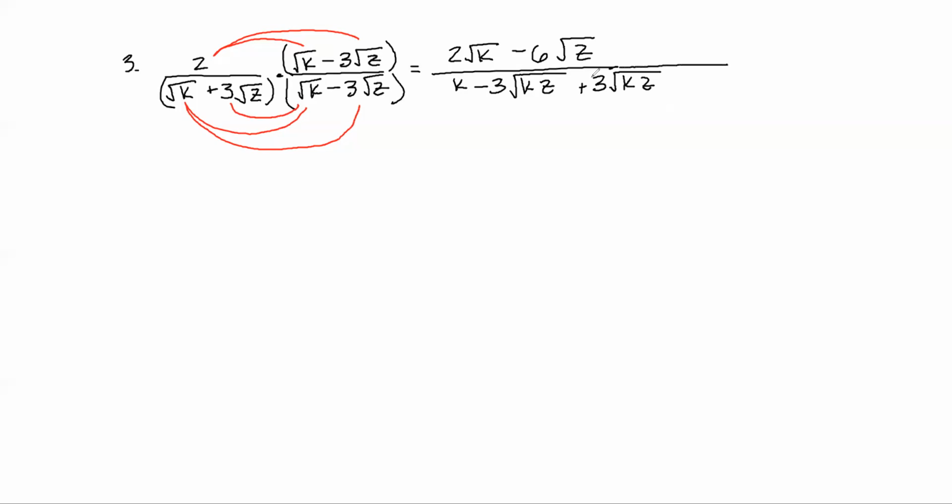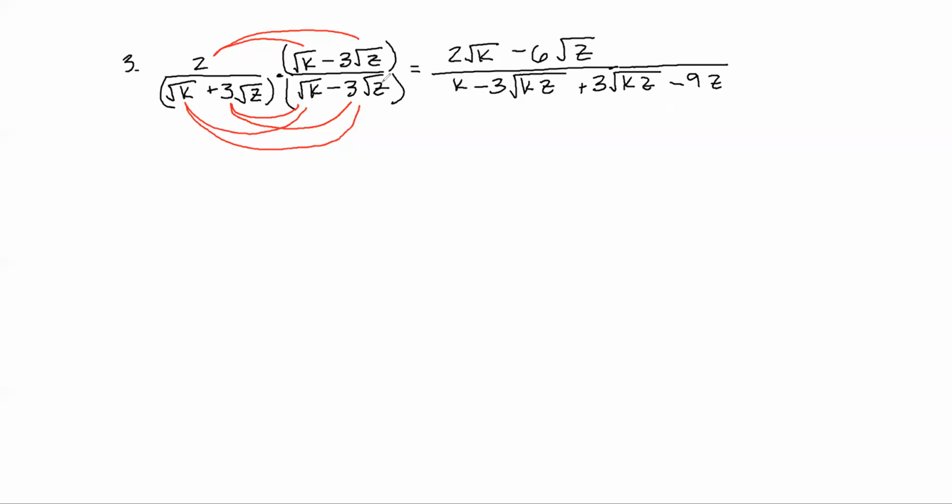And lastly, we have 3 square root of z times negative 3 square root of z. Now let's look at the coefficients first. So 3 times negative 3 is negative 9. Square root of z times square root of z is z. So just kind of breaking it down into the coefficient and then the radical is going to make these a little bit easier.